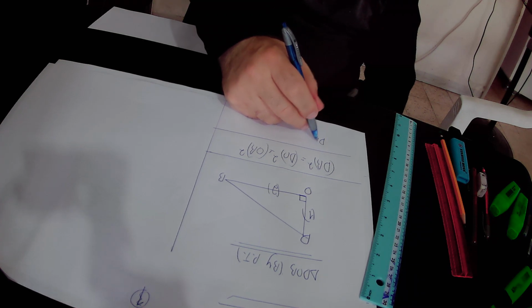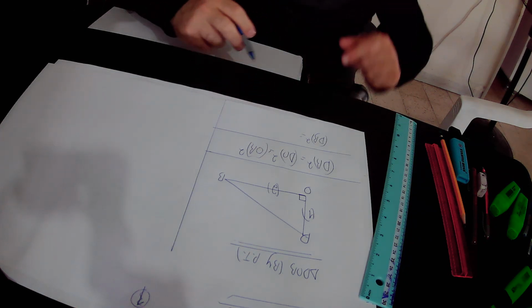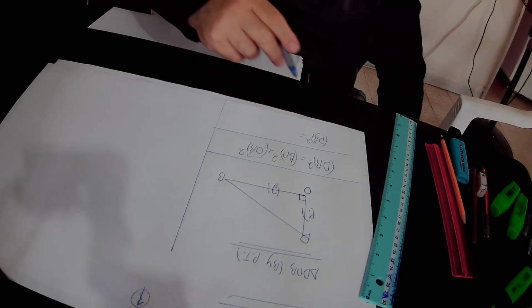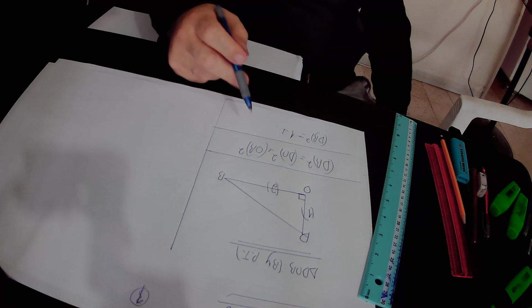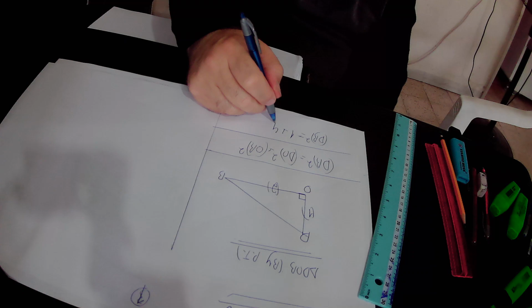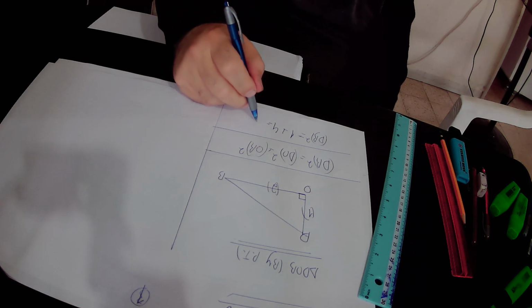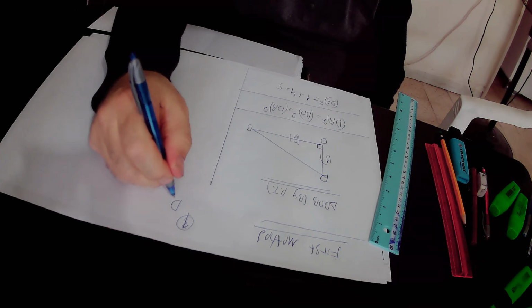So DB square equals DO square. DO is 1, therefore DO square is 1 square, that is 1, plus OB square. OB is 2, therefore OB square is 2 square, that is 4. So in total, DB square equals 1 plus 4, that is 5. So DB square equals 5.